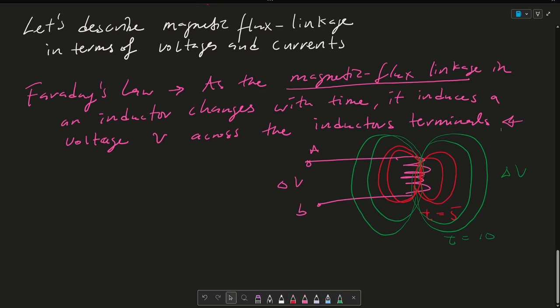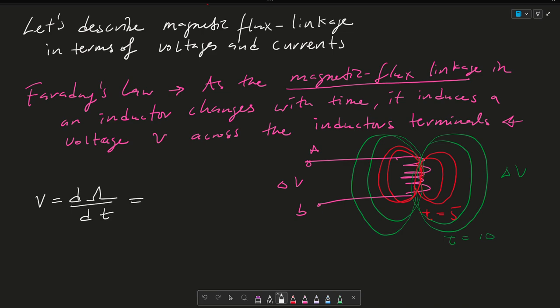A very simple equation we could say is that Michael Faraday is saying that V equals the change in magnetic flux linkage divided by the change in time.